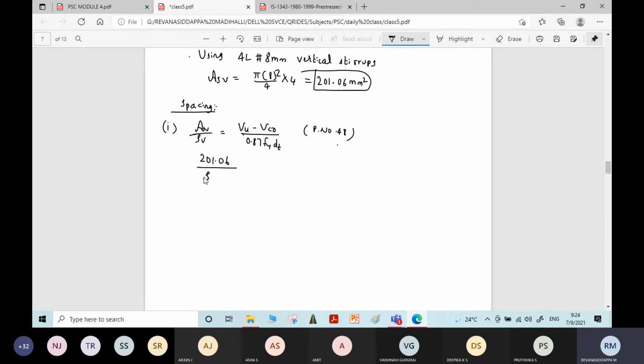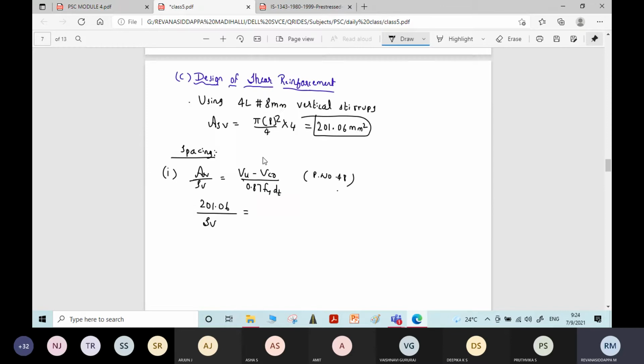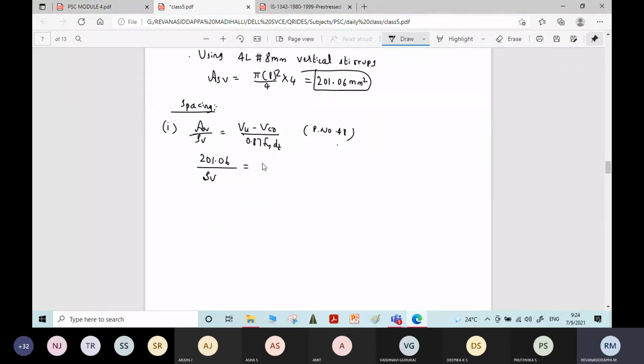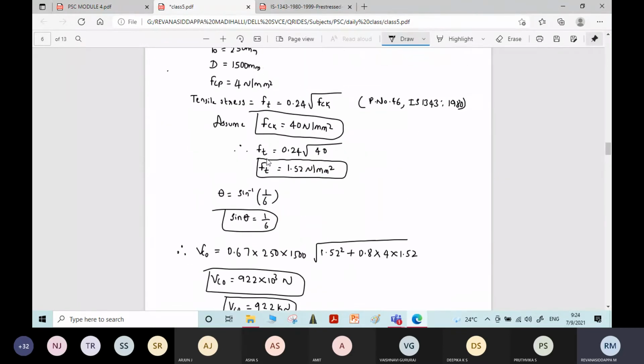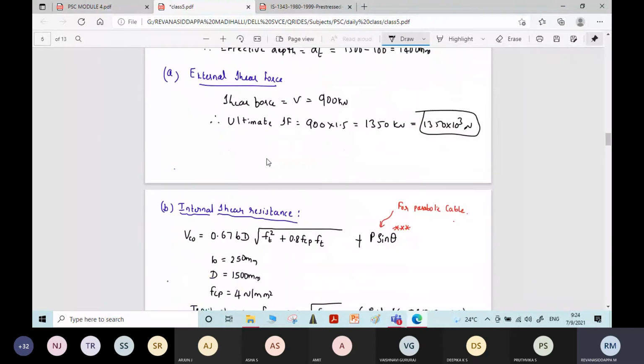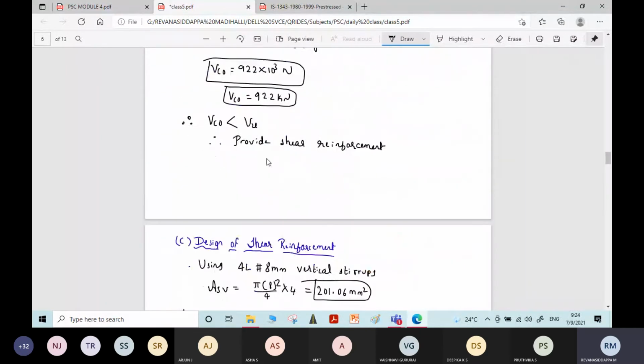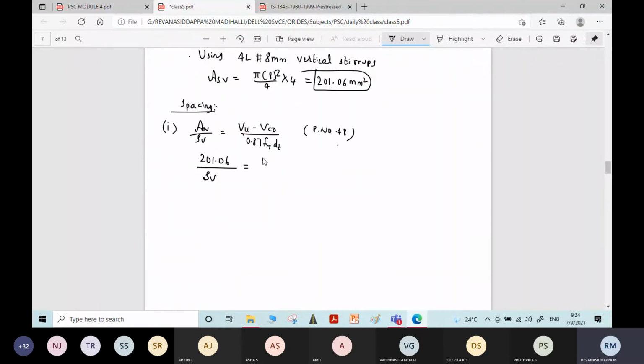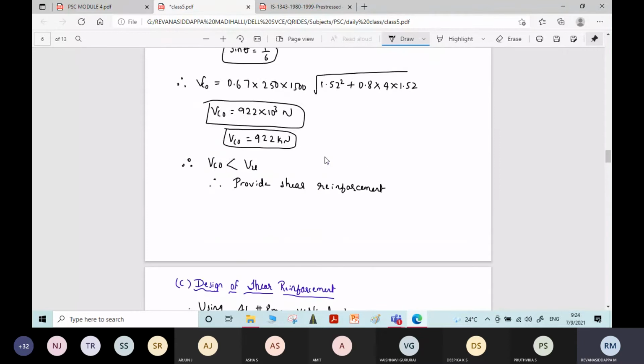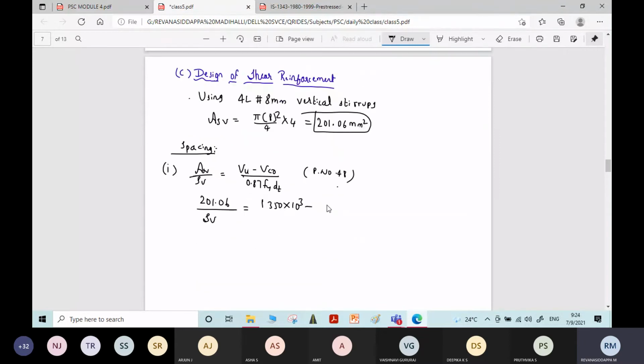201.06 divided by SV is equal to VU, ultimate shear force is 1500, correct? Sorry, 1350 into 10 power 3 Newton minus VC naught value is 922 into 10 power 3, whole divided by 0.87.